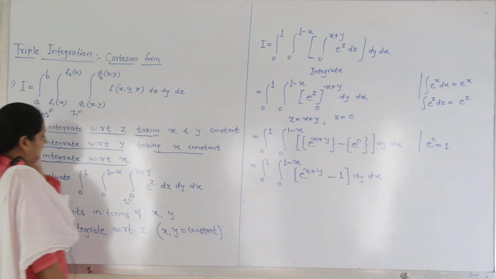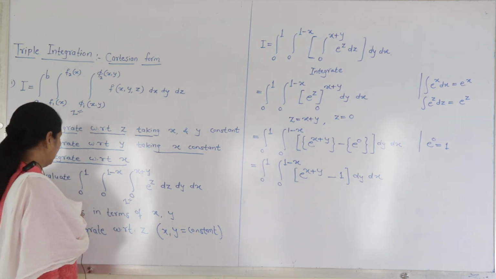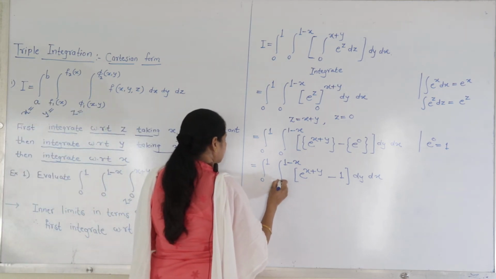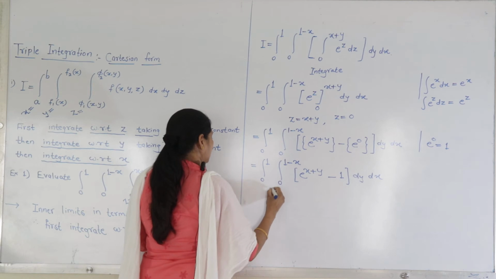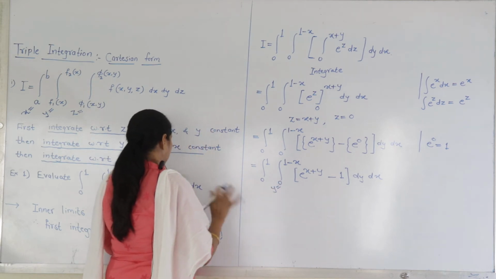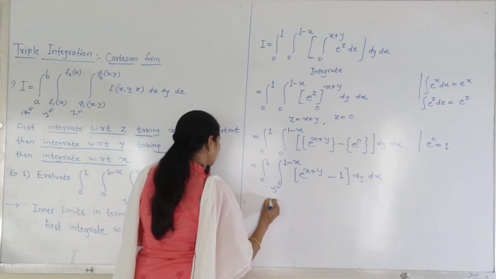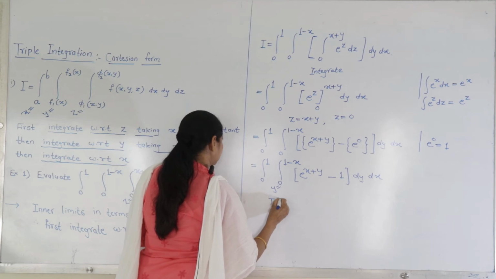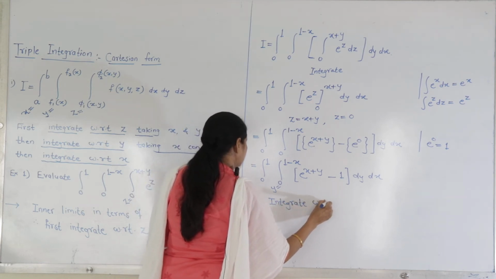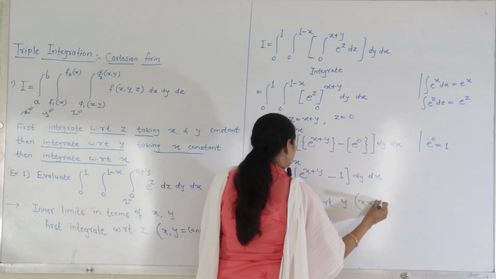Now this completes the integration with respect to z. Next, limits 0 to 1 minus x. These are functions of x, that means these are values of y, because z is already completed. Y from 0 to 1 minus x. Now integrate with respect to y, taking x as a constant.